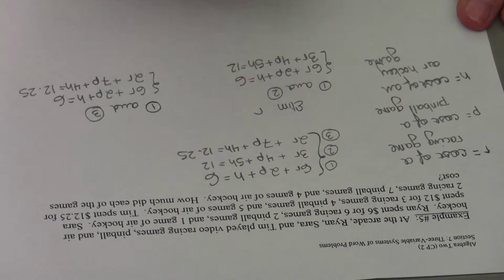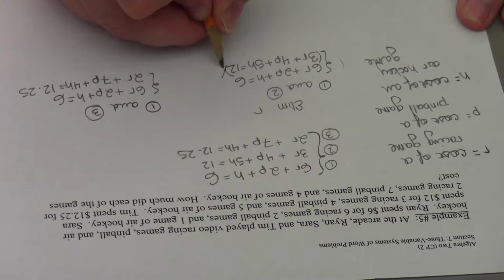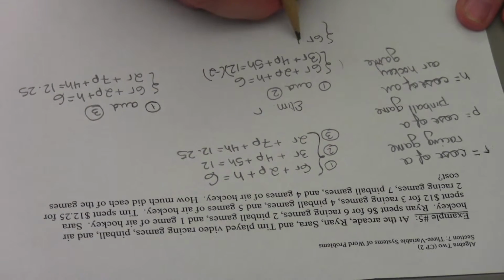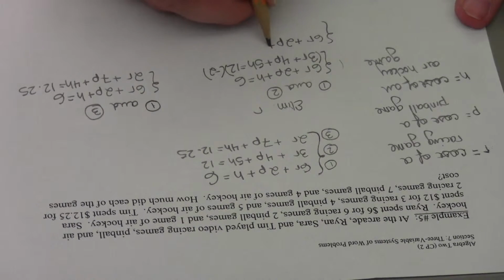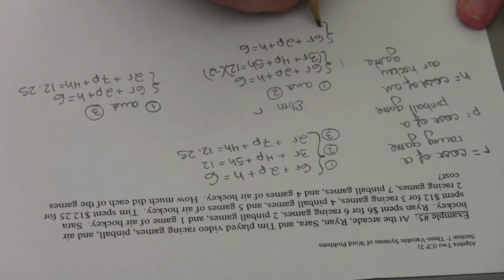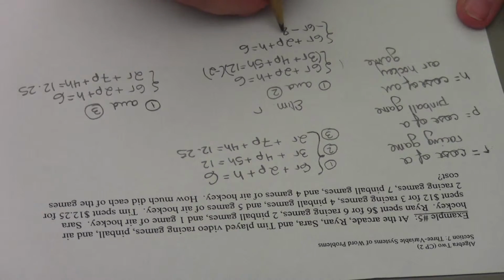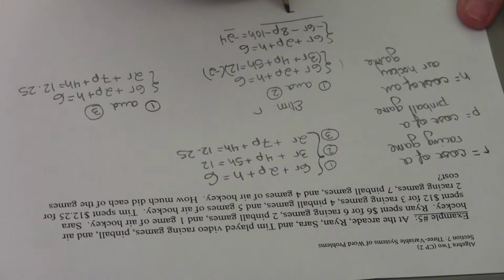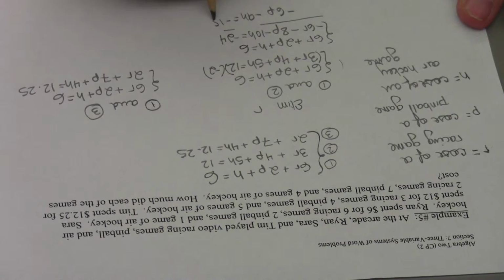Okay, so in our first pairing, I'm going to multiply that bottom equation by -2. That'll give me, just recopying that first one, 6r plus 2p plus h equals 6, and -6r minus 8p minus 10h equals -24. Add them together, we get -6p minus 9h equals -18.